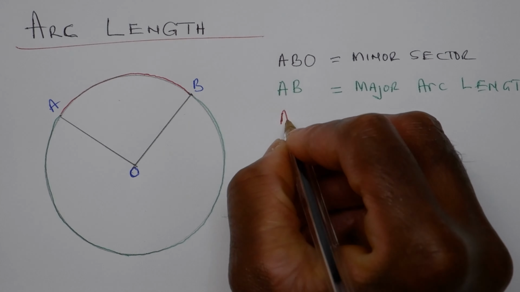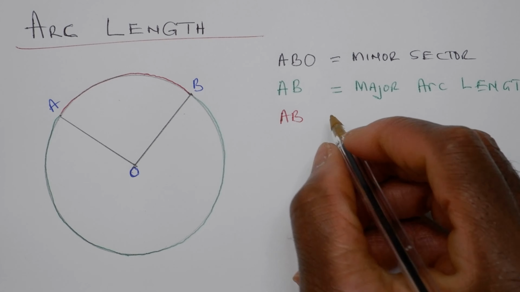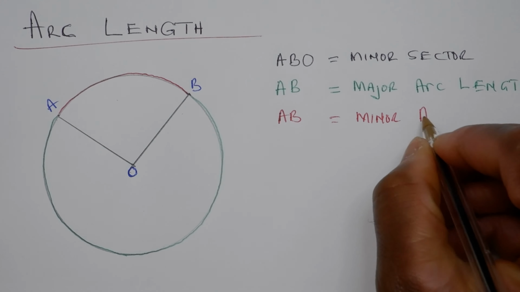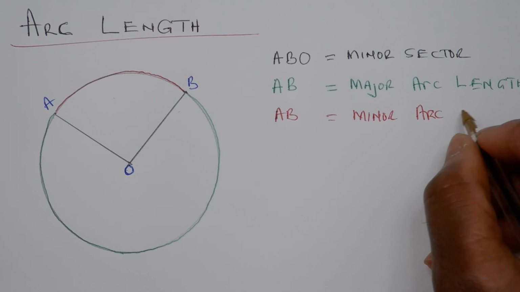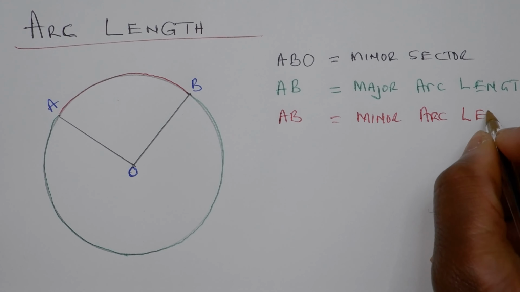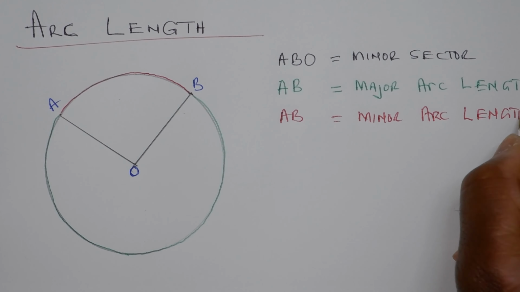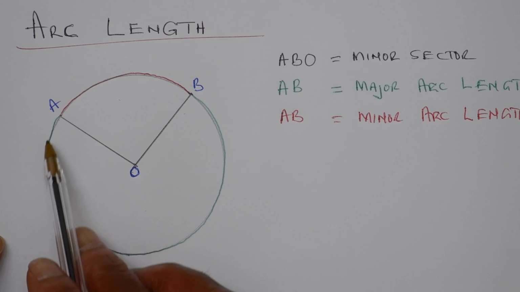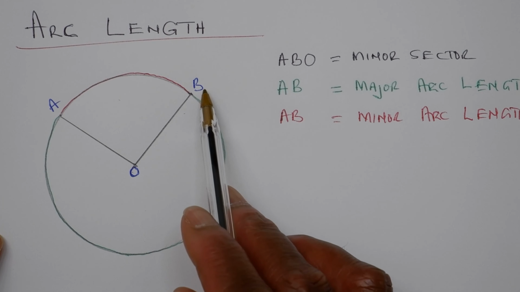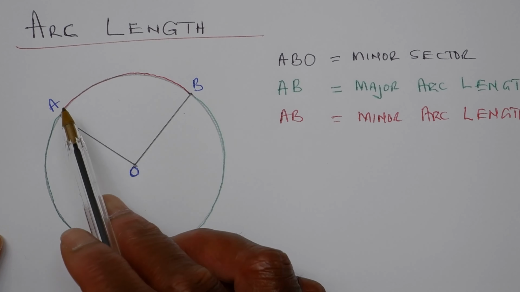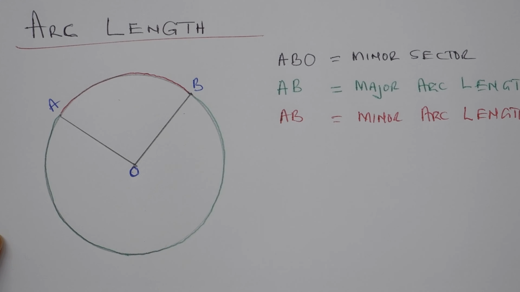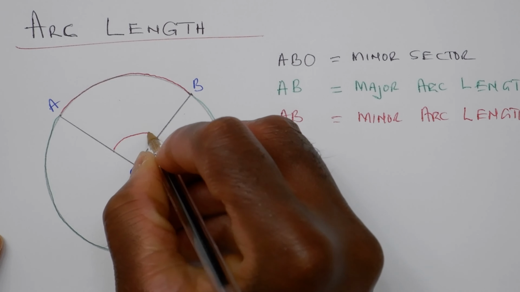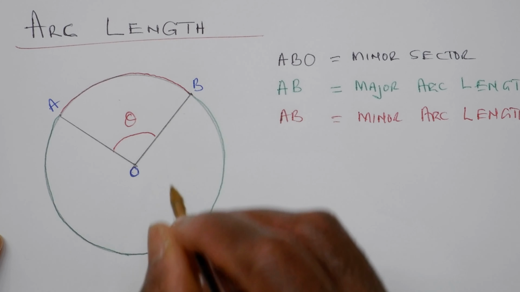So AB in red is the minor arc length. The green part is the major arc length, and the red part is the minor arc length. And that minor arc length is generated by an angle called theta.